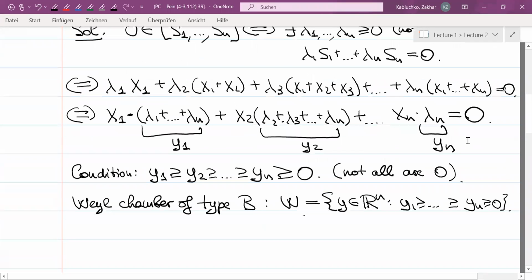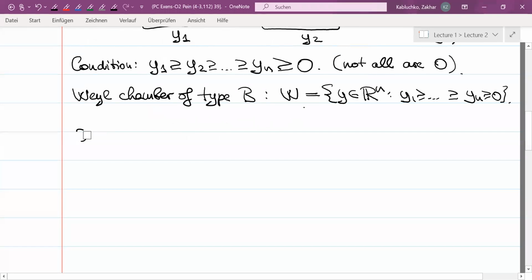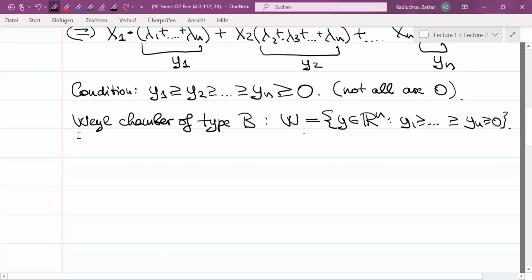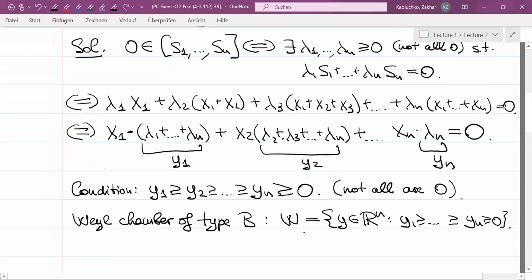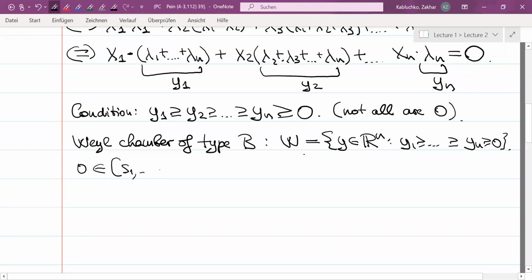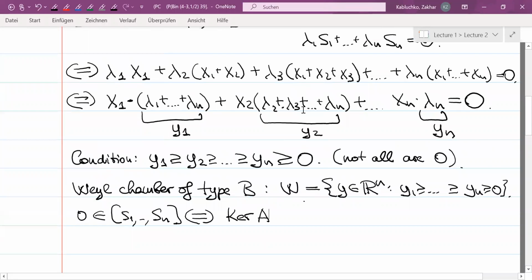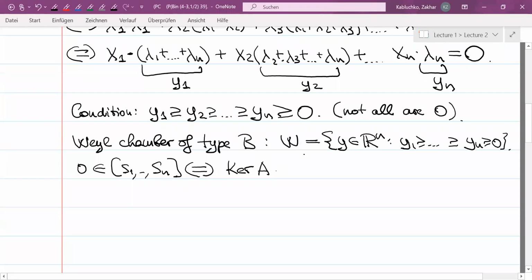And then our condition, 0 is contained in the convex hull of S1 and so on, can be written as the condition that the kernel of A, where A is again the matrix whose columns are x1 and so on, has to intersect this Weyl chamber, right?